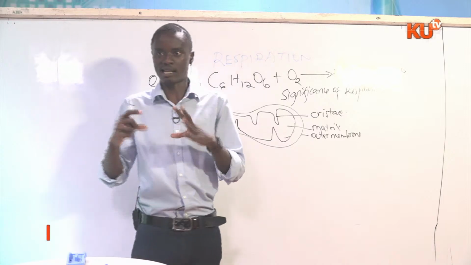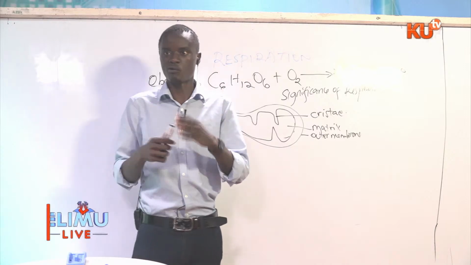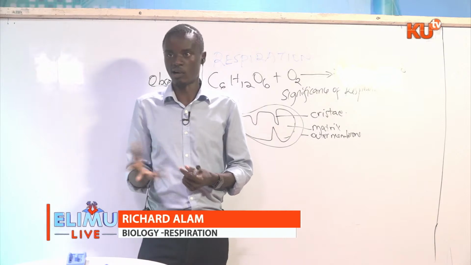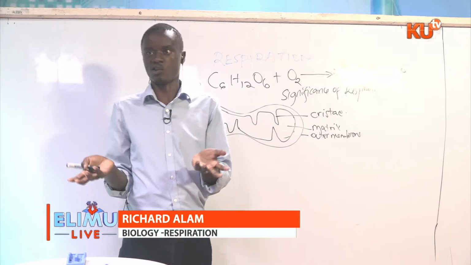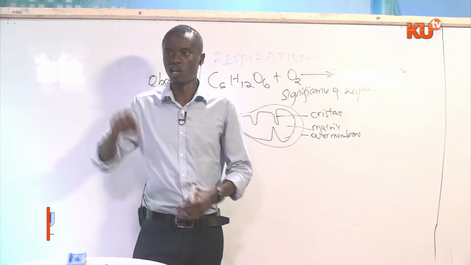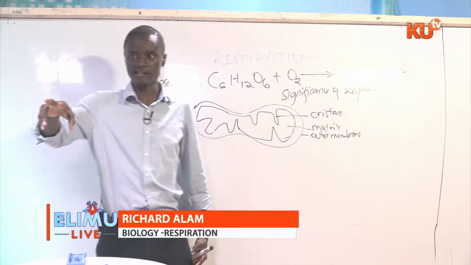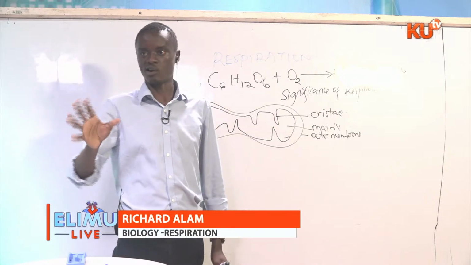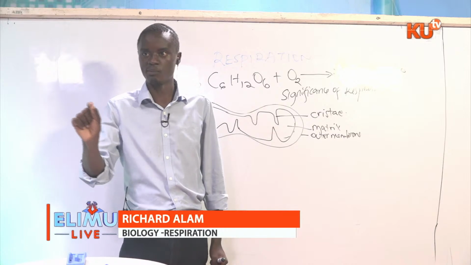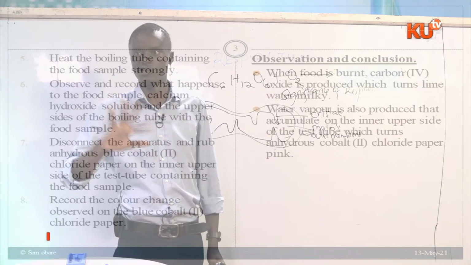And you must write forms a white precipitate in full. In biology, you must avoid abbreviations. Only use known abbreviations. So in this case, the observation is calcium hydroxide forms a white precipitate, full stop.